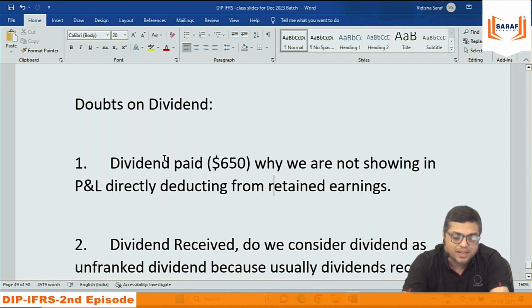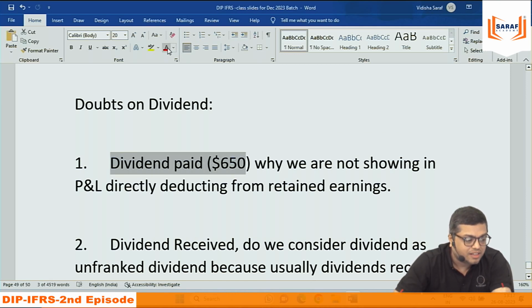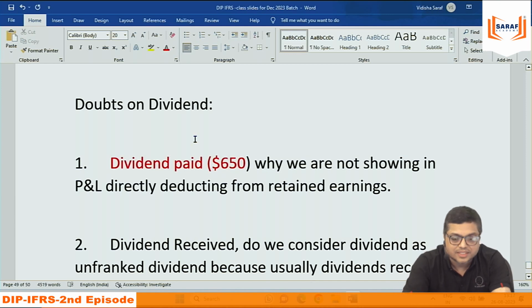But if the dividend is paid, the example here is dividend paid, then the current liability will decrease, and your current asset will decrease: debit payable, then credit bank. So ultimately what will happen? Liability will reduce and assets will reduce, right? Yeah, both sides going down. Okay.